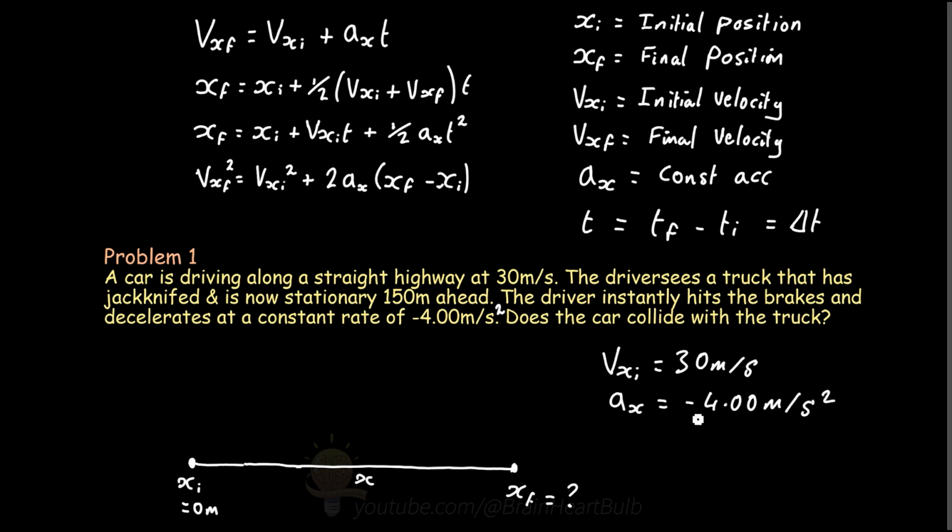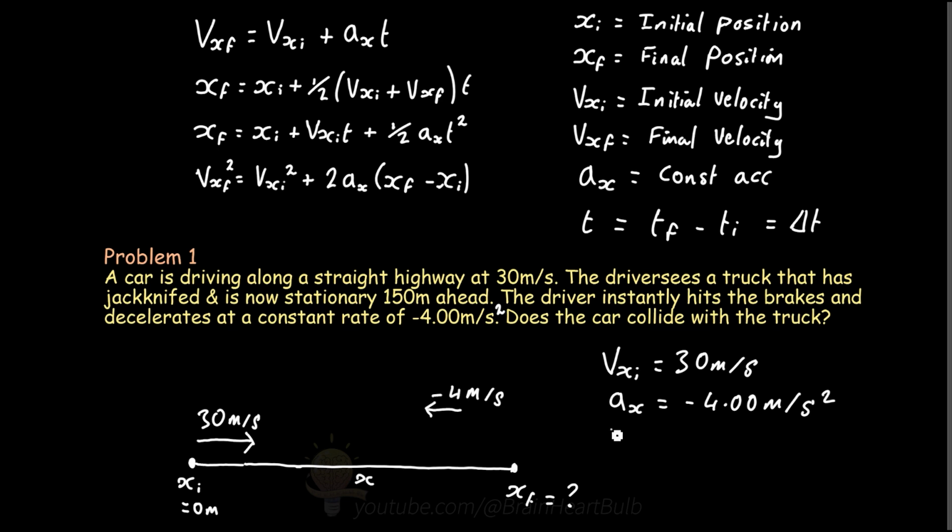And the negative sign here suggests that the acceleration, because it's a vector, is pointing in the opposite direction to the motion of the car. So the car is moving in this direction at the velocity of 30 meters per second, but the braking causes a deceleration of 4 meters per second, or in other words, an acceleration of negative 4 meters per second.